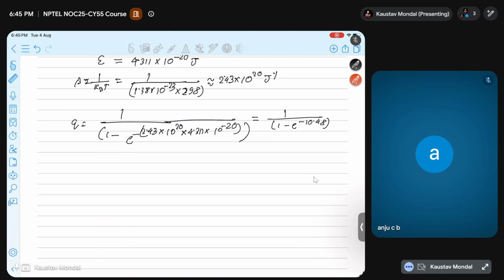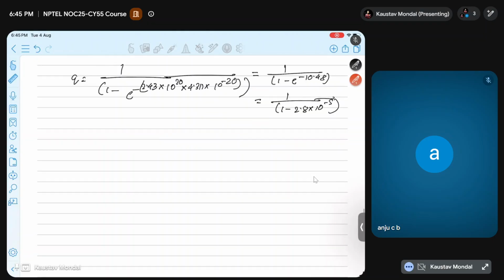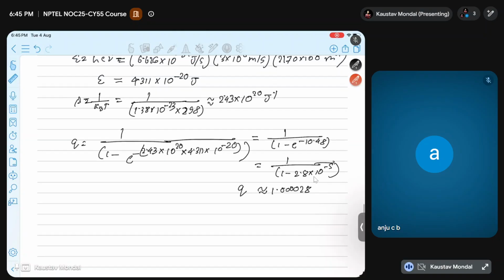Calculating e to the power minus 10.48 gives 1 minus 2.8 into 10 to the power minus 5, so this is nothing but 1.000028. Okay, so it's very close to 1.